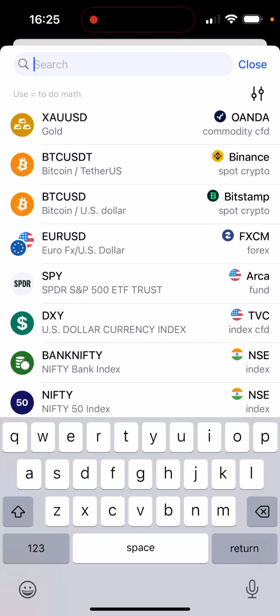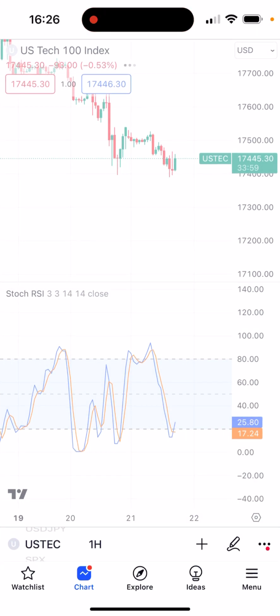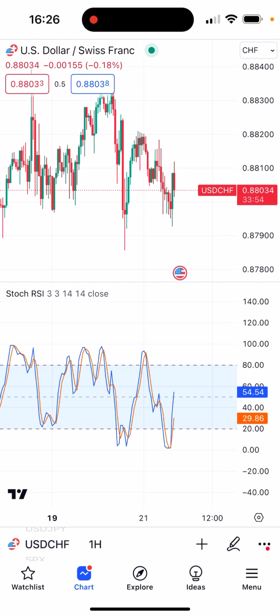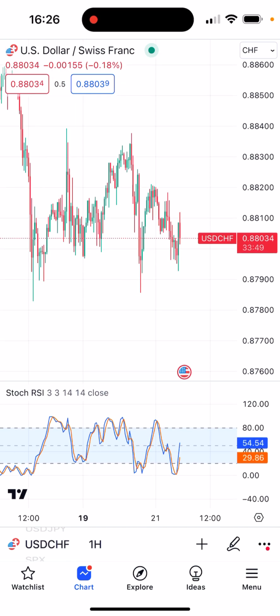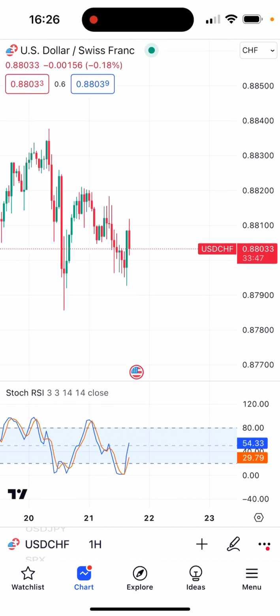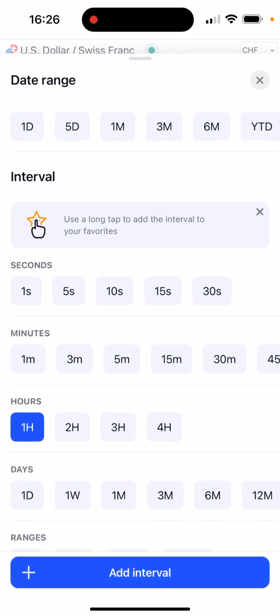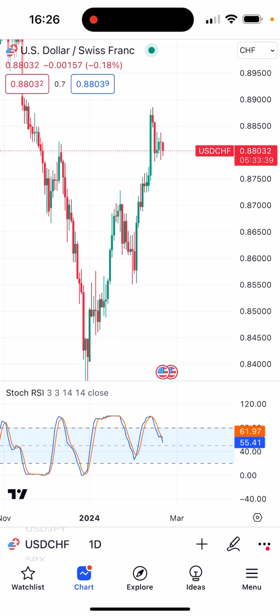Every single pair. I don't care what you want to trade. You want to trade US dollar and Swiss franc? Let's go. There's nothing wrong with this pair not to be trading. Why not? Take a look at it. You've got nothing to worry about. Look, go to your daily and see what the price is doing.